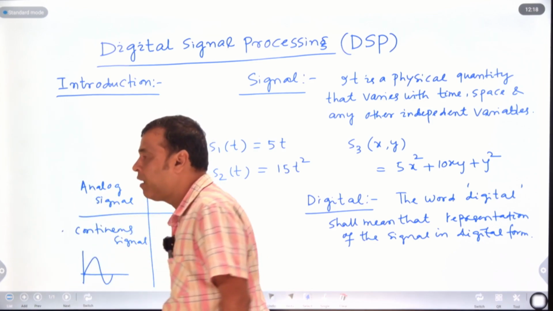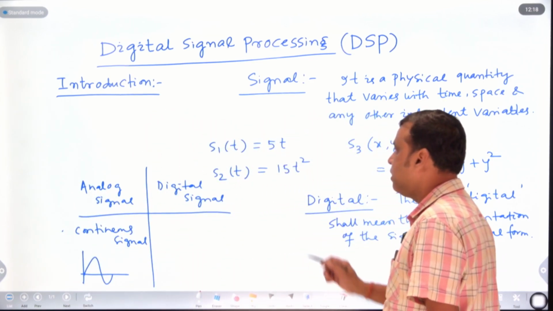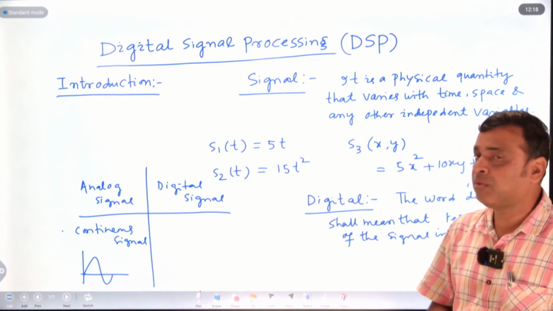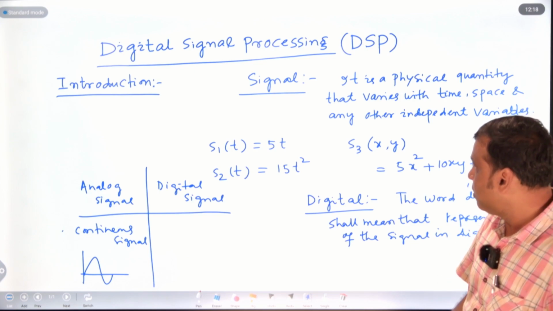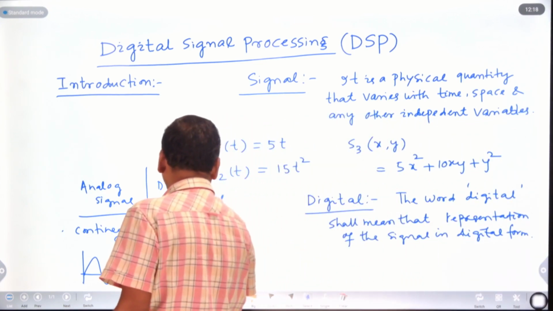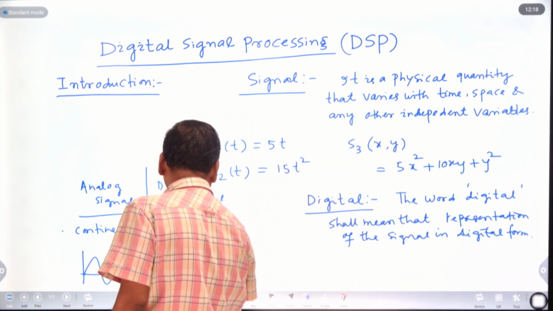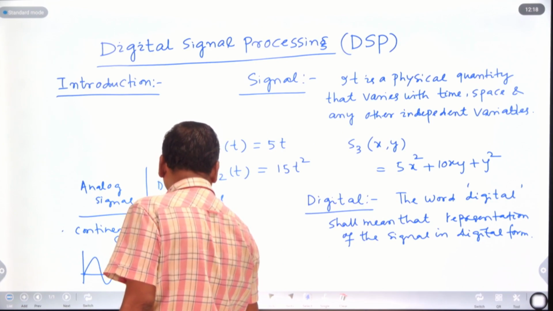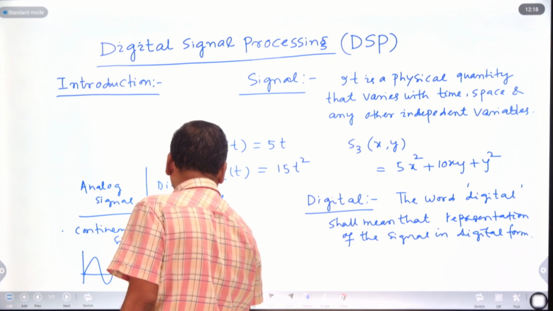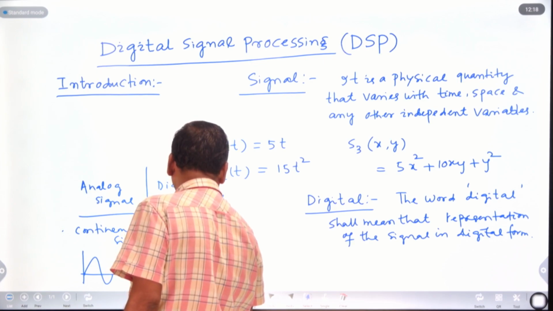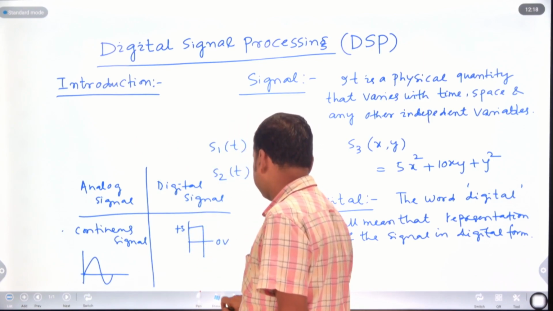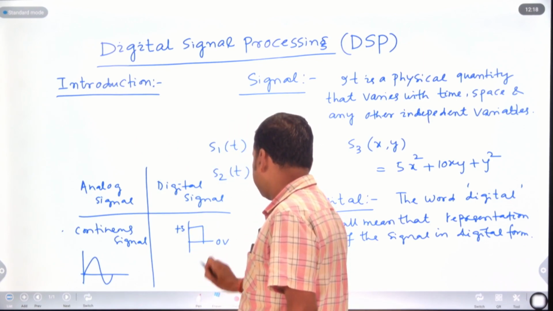And in the digital signal, there are two types of signal: one is the digital signal, another is the discrete-type signal. In digital electronics, one level is plus 5 volt and another is 0 volt, represented by rectangular pulses.